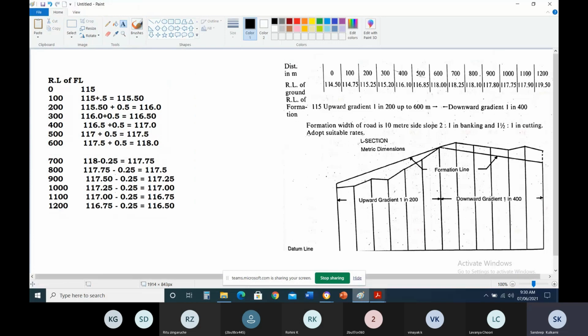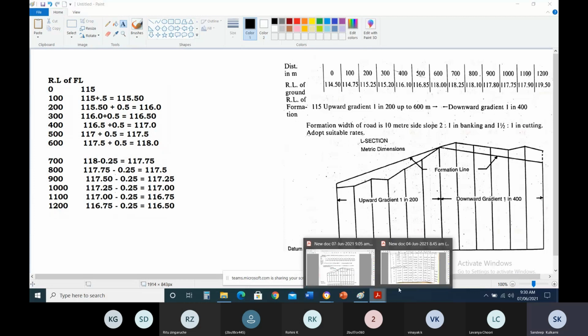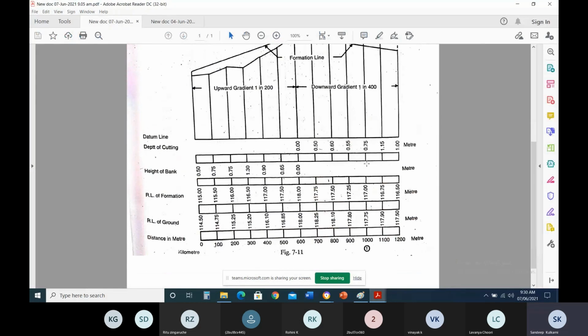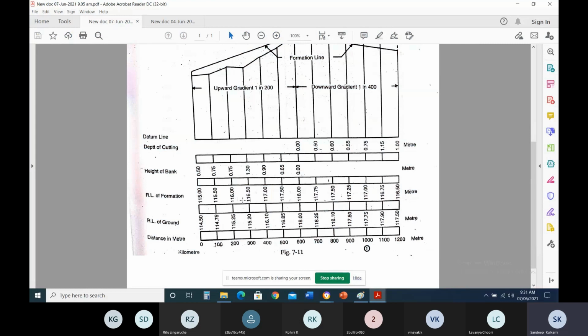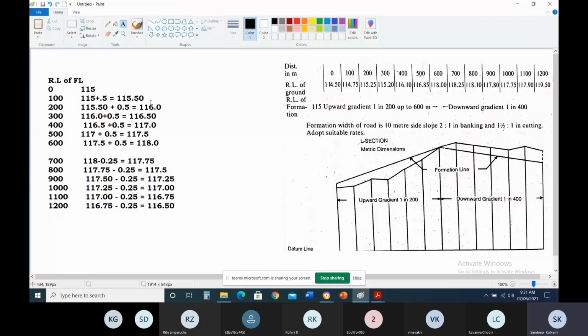You can see these FL values in the image, I think now it is clearly visible. If you look at the RL formation, you can see 115, 115.5, 116, 116.5, 117, 117.5, 118. So these are all the values.